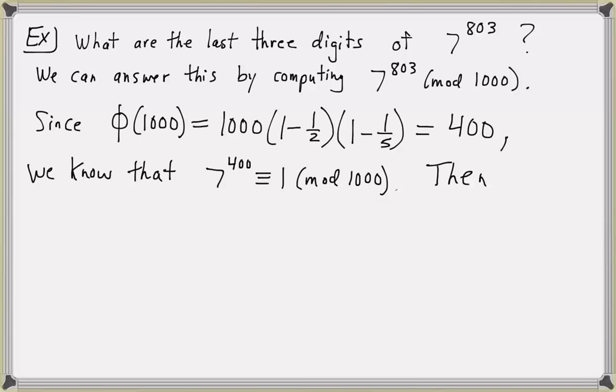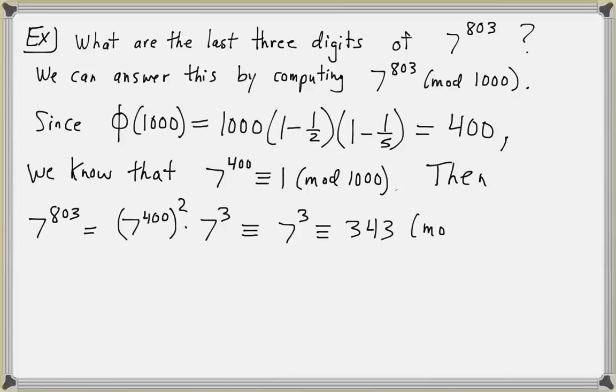Then 7 to the power 803, which equals 7 to the power 400 squared times 7 cubed. So 7 to the power 400 squared would be 7 to the power 800 times 7 cubed would give me 803 factors of 7. But 7 to the power 400 is just 1 mod 1,000, so this is just congruent to 7 cubed, or 343 mod 1,000.